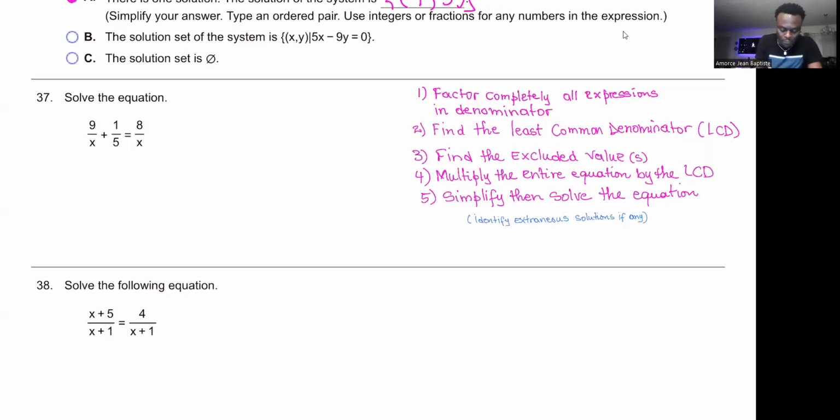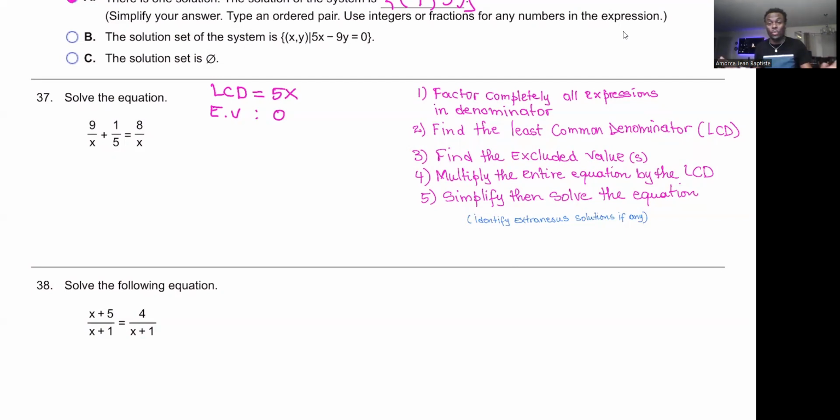Now, these are already factored, right? Because it's one monomial for each. So your LCD: there is an x and a 5, so 5x is your LCD. The excluded value, in this case, is 0. Whenever it's a monomial that includes the variable, your excluded value would be 0.